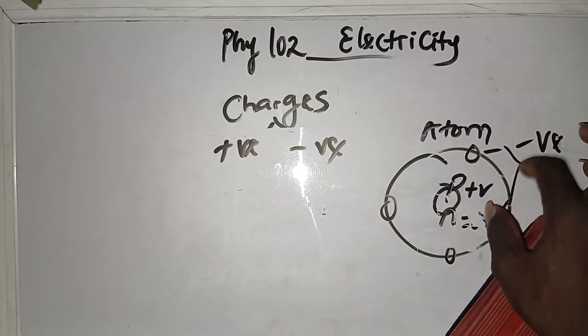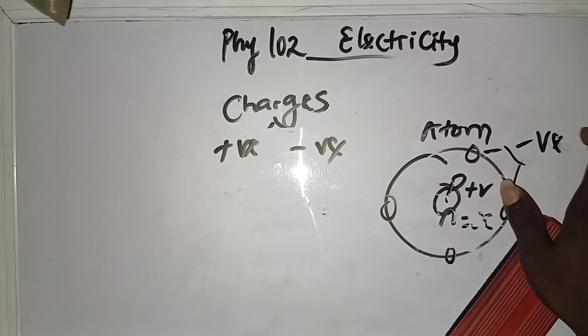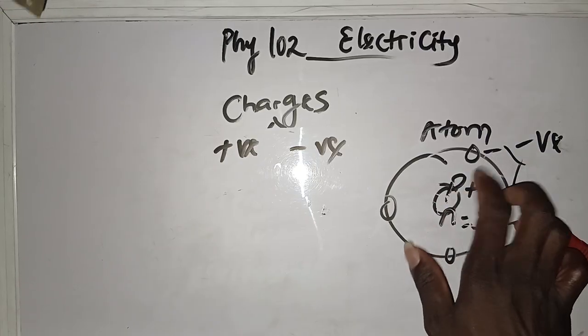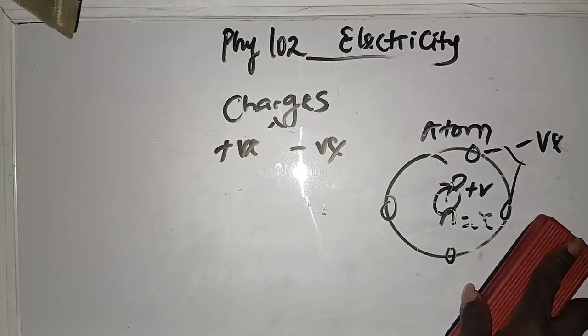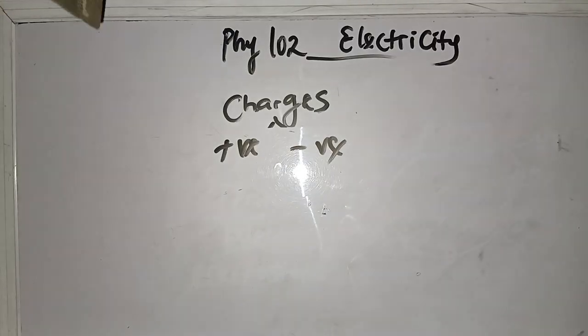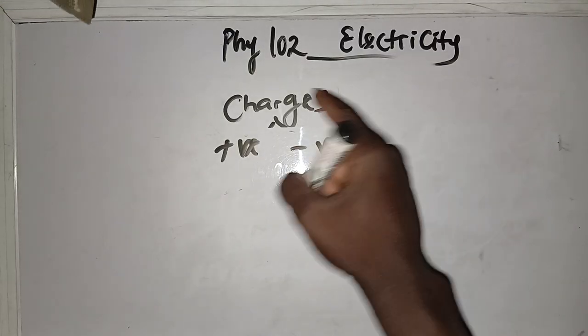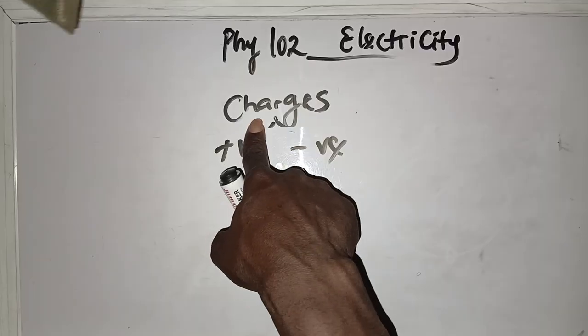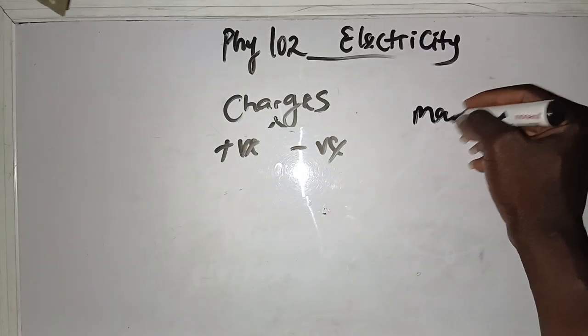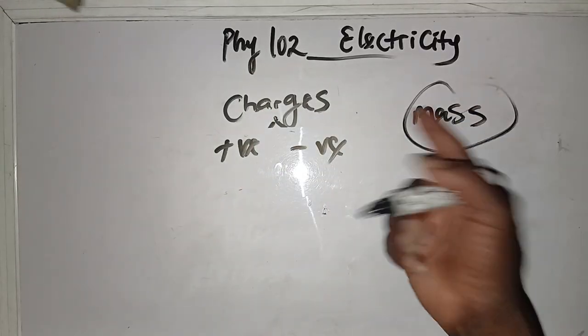But when we disturb their stability, we either lose electrons or gain electrons. We don't lose or gain proton under electricity and magnetism. Also, charges can never exist without a body, without mass. But a body can exist without charge.